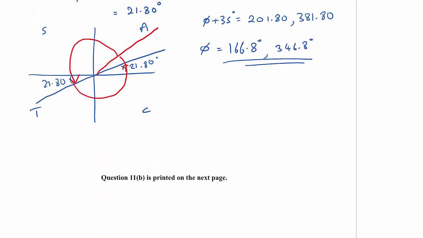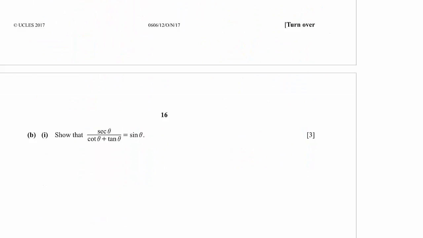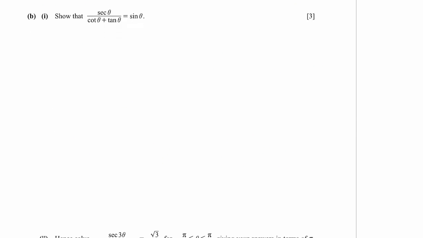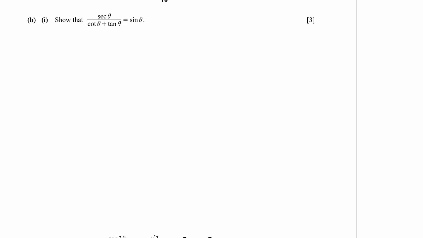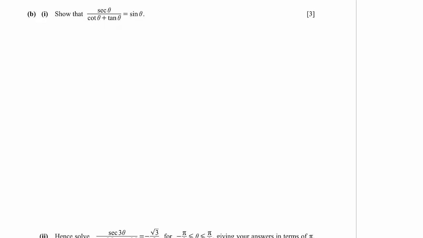And then moving on, and finally for this paper, there's two parts to this. So we want to show that this holds true. So let's start with the left hand side because there's just simply more there. So we've got sec theta over cot theta plus tan theta.